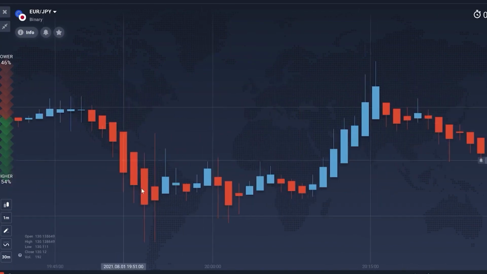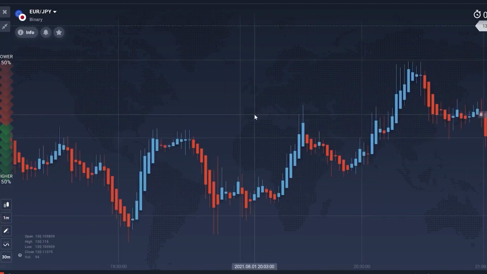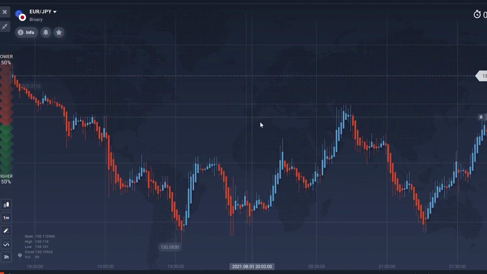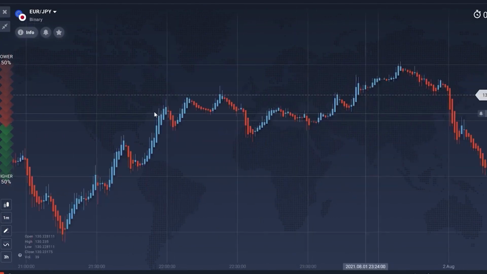Now here, again, after this downward trend, the candles form similarly with long upper and lower shadows. Look at the shadows here and the small bodies, and then the trend turned upward again. So this is the second point you need to know about these candles.